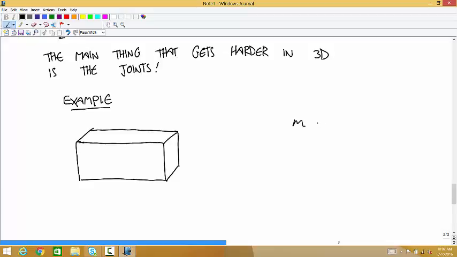It has a mass of 60 kilograms. It has a length this way of 1 meter. It has a length into the page of 0.5 meter. And it has a height of 0.5 meter.